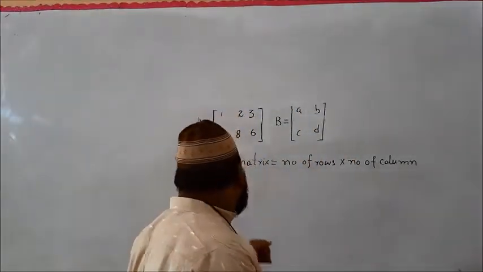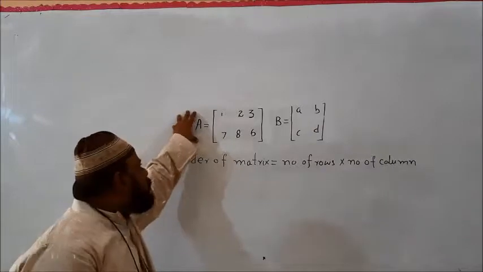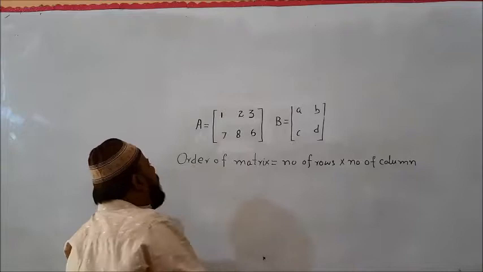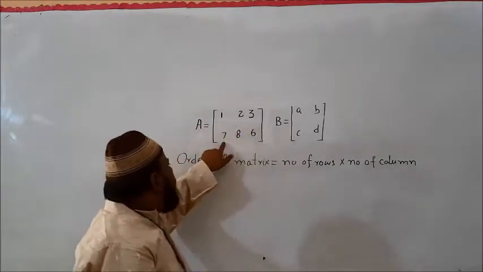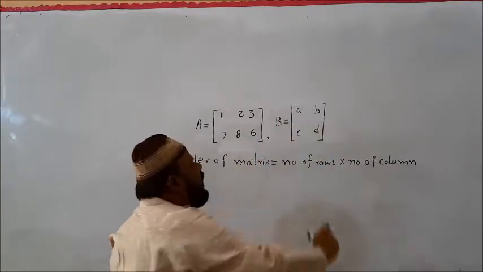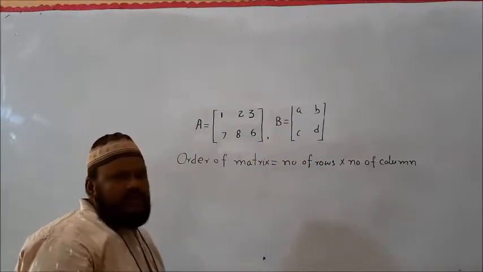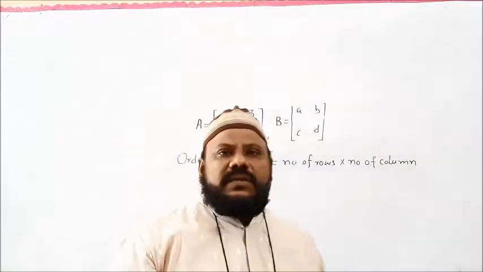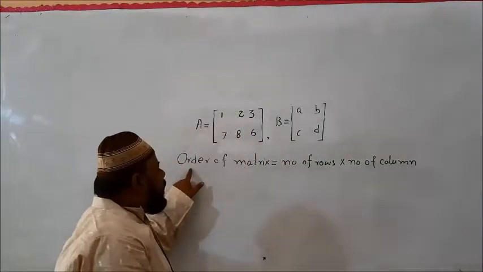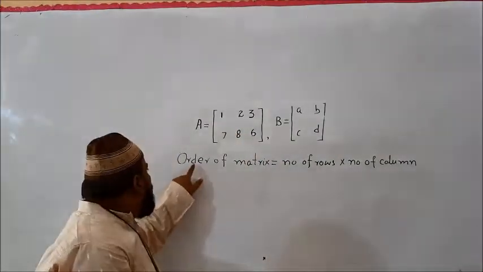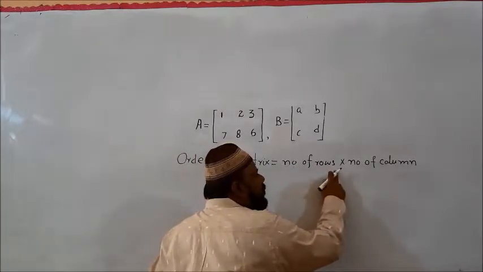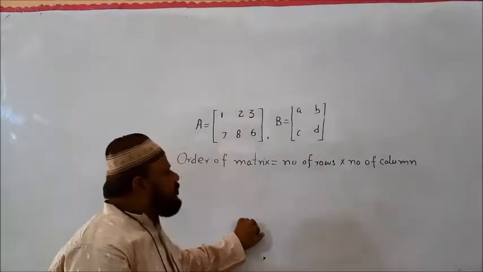आगे चलते हैं. For example, I have a matrix A: 1, 2, 3, 7, 8, 9 and matrix B: A, B, C. First one, I told you order of matrix equal to number of rows by number of columns.